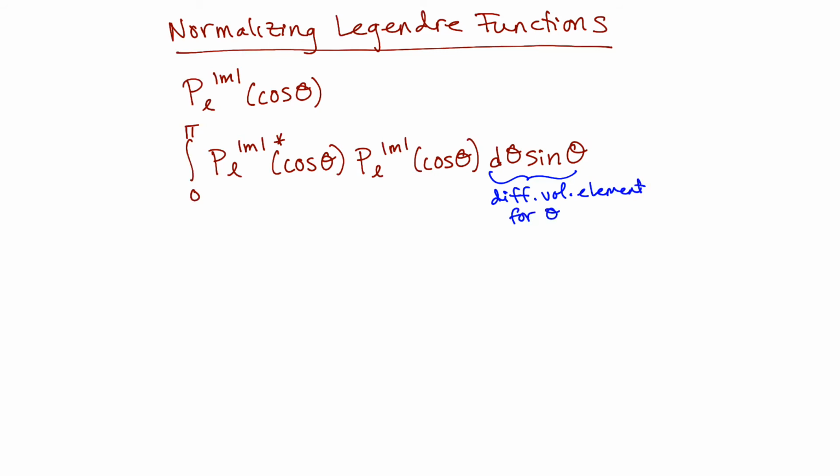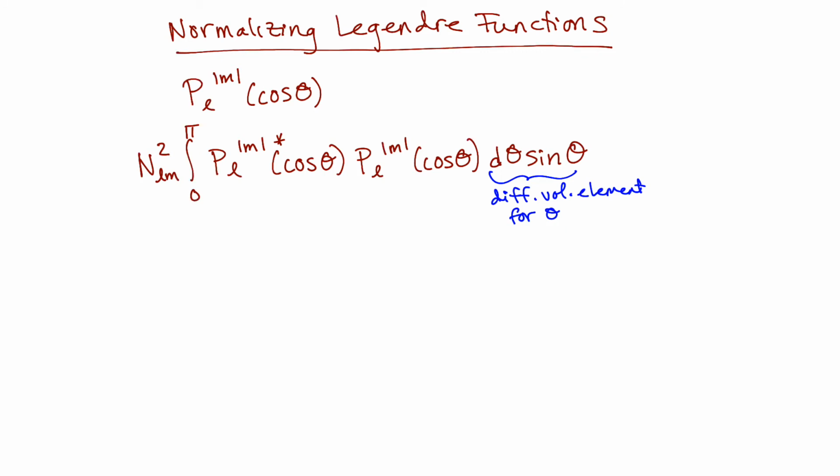The other thing we need to put in here, since we're looking to normalize these, is a normalization constant. I'm just going to bring that out front, so we have an N squared, and we also know that it's going to be a function of l and m, so we'll denote that with those indices in the subscript.